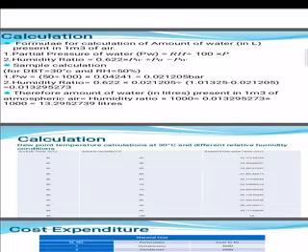I have shown you the sample calculation taking the dry bulb temperature 30 degrees Celsius and the relative humidity at 50%. First we have calculated the partial pressure of water. That saturation pressure we have taken from a steam table, and the second calculation is the humidity ratio.